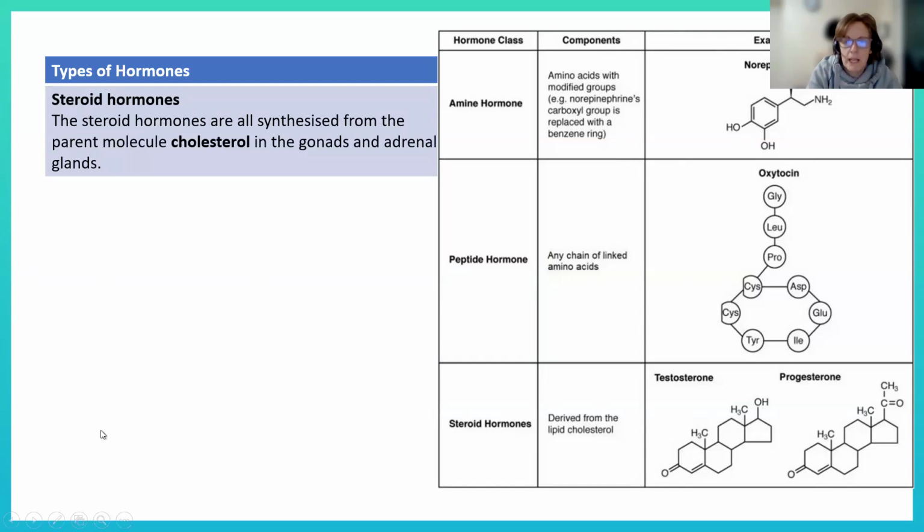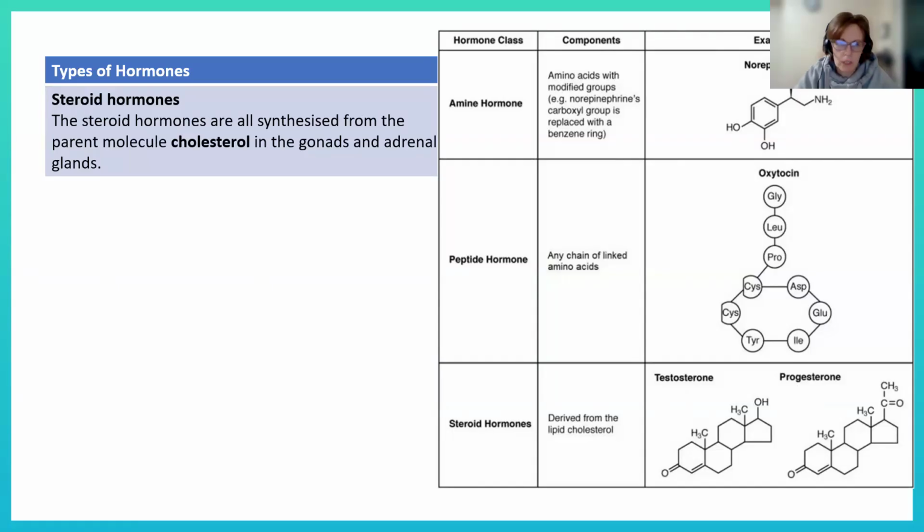Then we have this group here of hormones called steroid hormones. And we've got two down here, which you might recognize the name of: testosterone and progesterone. So testosterone, we're all quite familiar with because it's the male hormone that gives you male secondary sexual characteristics. Secondary sexual characteristics are the things that make you look male.